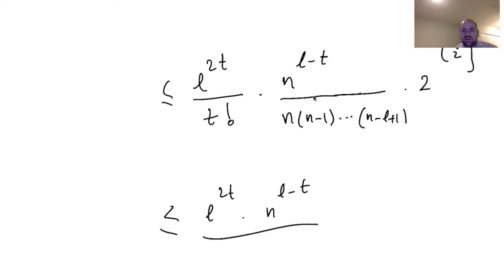Now this denominator, well, t is at least 2, so t factorial is also at least 2.